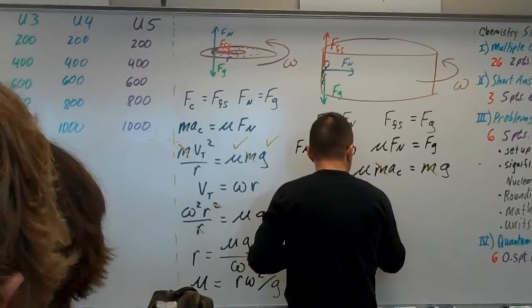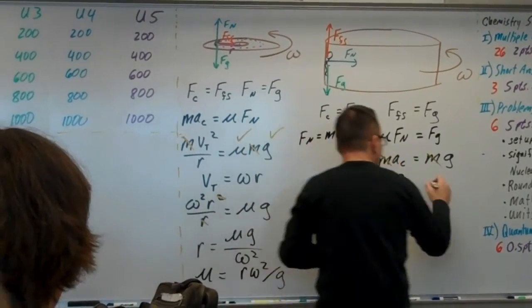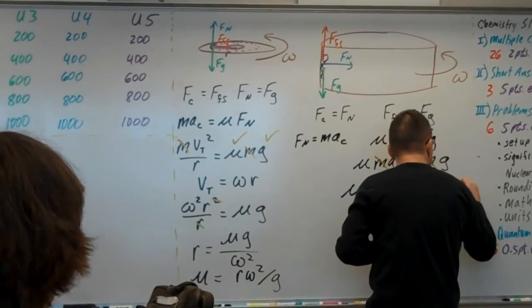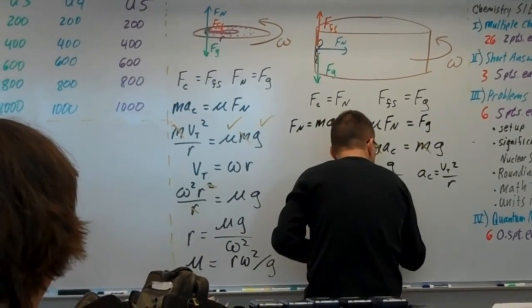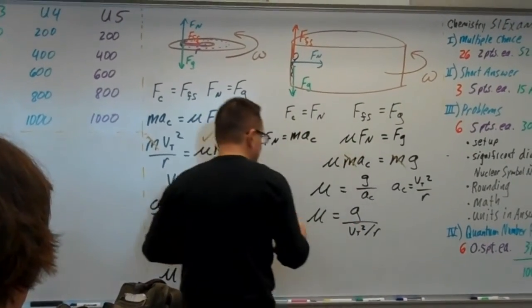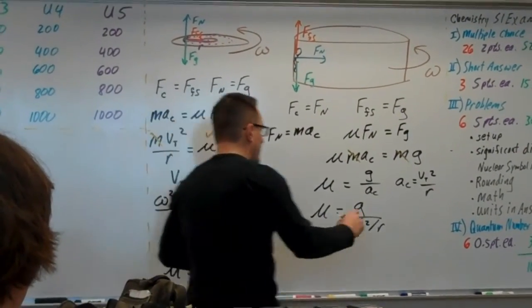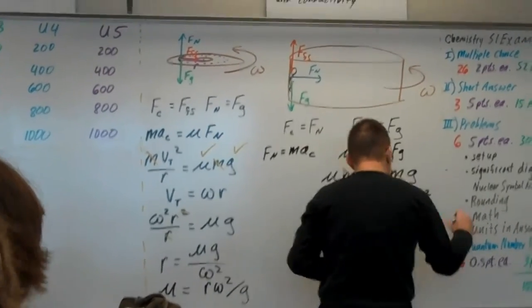If I now solve for a coefficient, that would be g over a sub c. A sub c is vt squared over r. So the coefficient is g over vt squared over r. I don't like fractions within fractions, so that would be rg over vt squared.